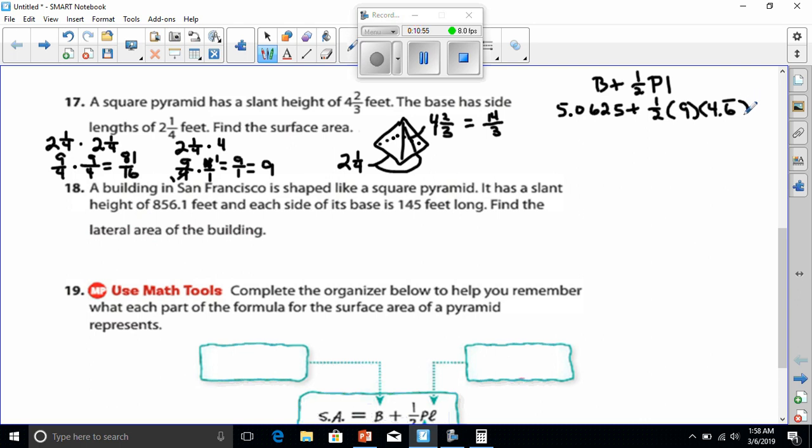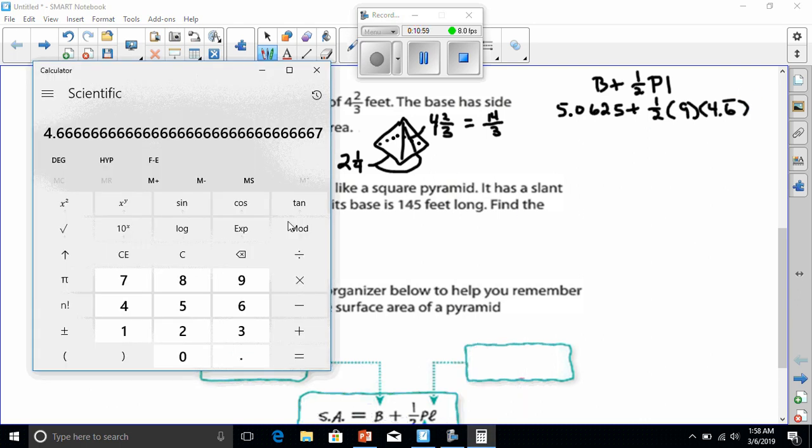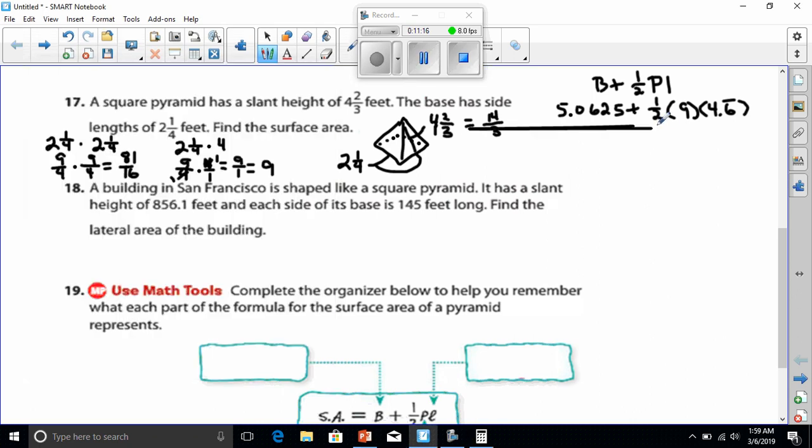All right, I'm going to start with my number that's repeating as I multiply everything together. So 4.6 repeating times 9, and then divided by 2. That's going to give us 21.